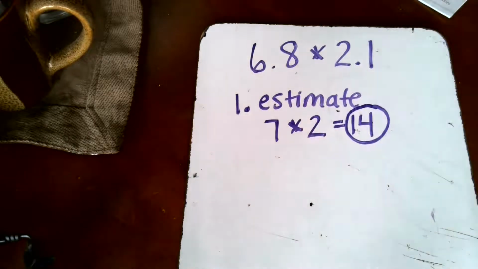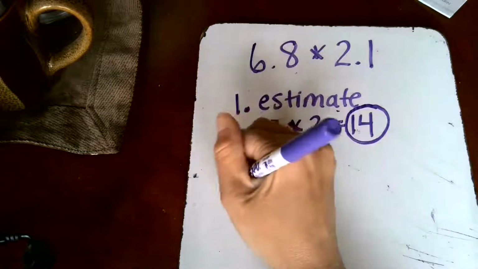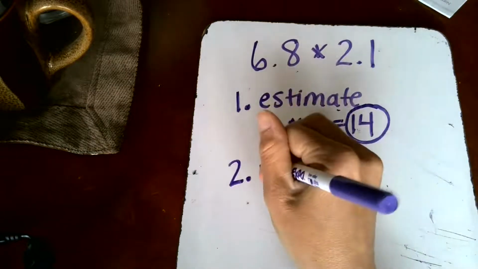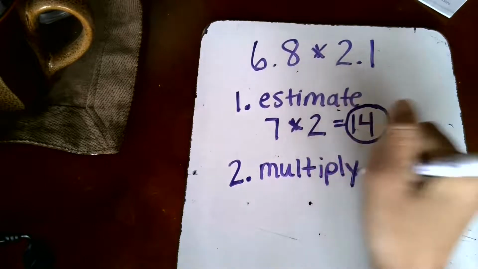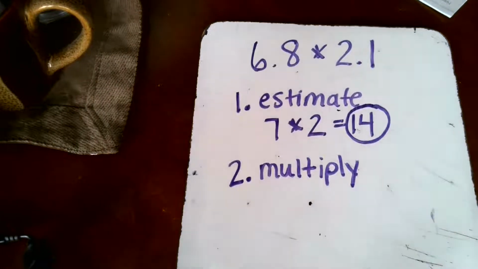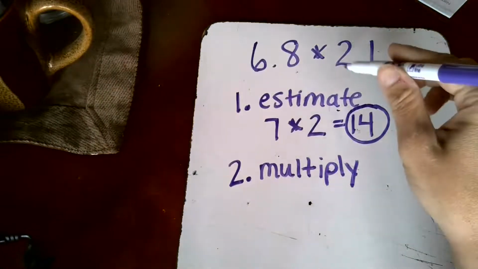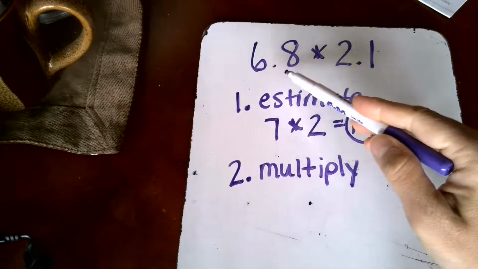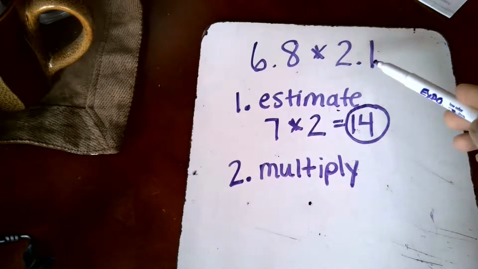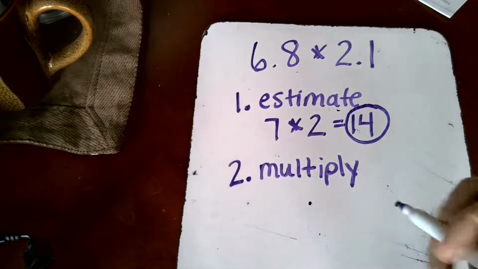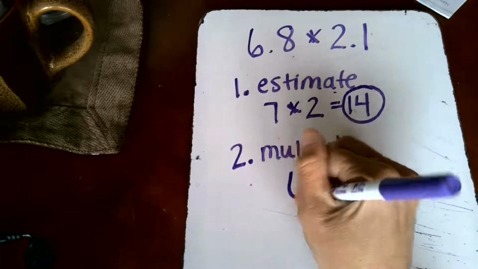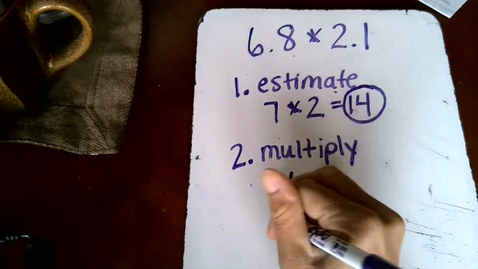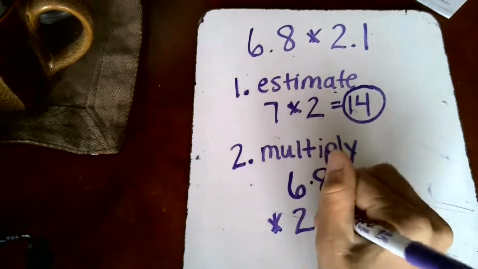Okay, so now for step number 2, you don't have to write this down. I'm just organizing it for us. Now we're going to multiply as if the factors were whole numbers. That means we're going to ignore the decimals and take the decimals out. So on your whiteboard, I want you to write 68 times 21.